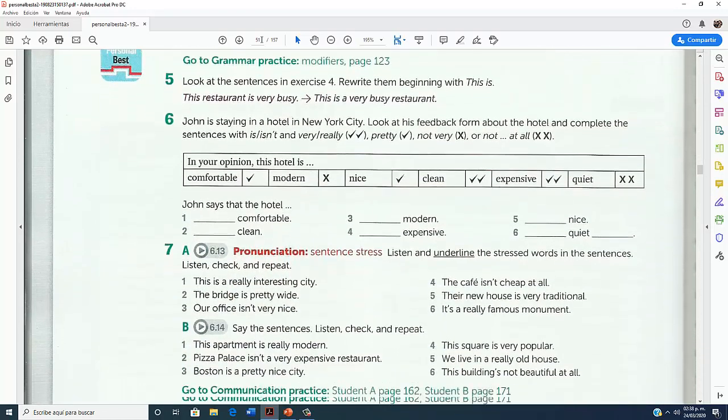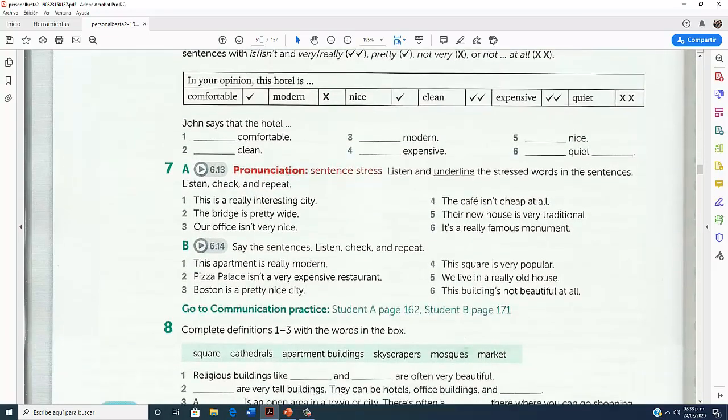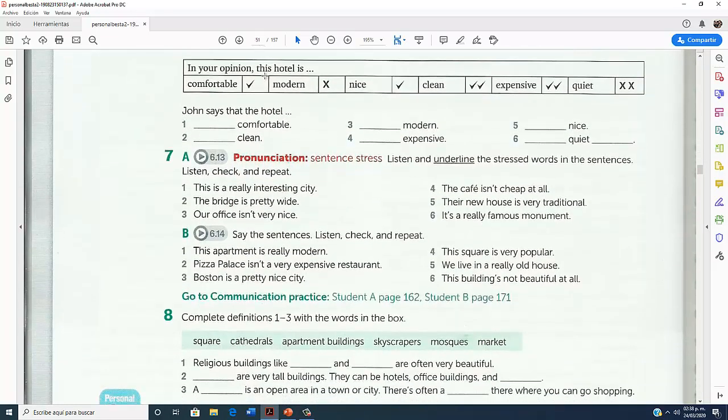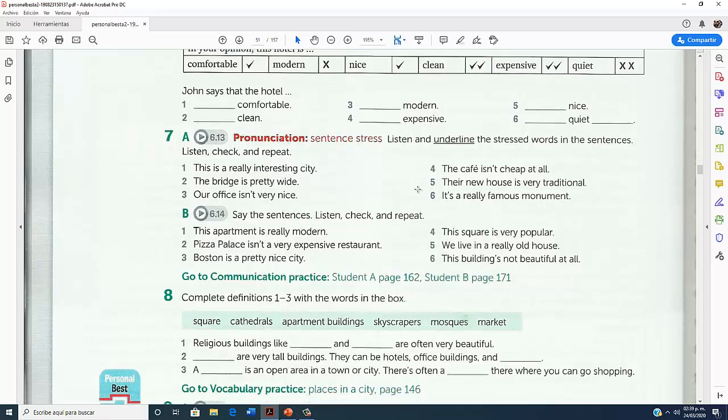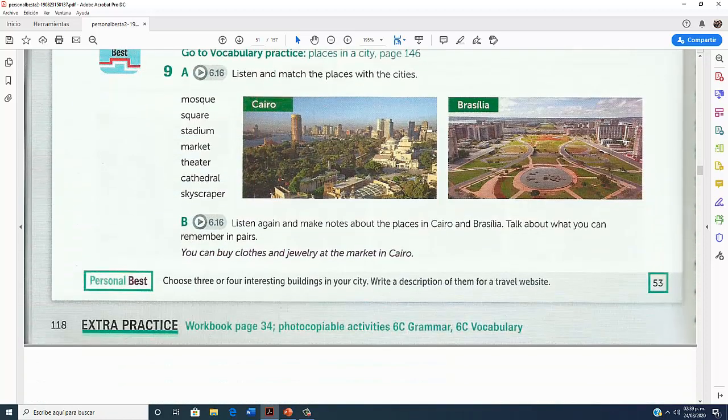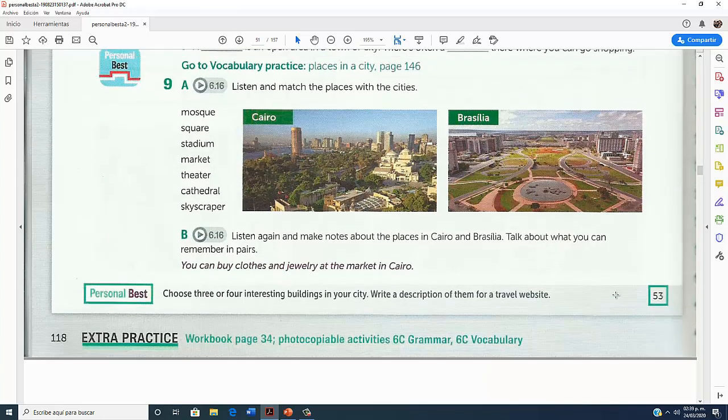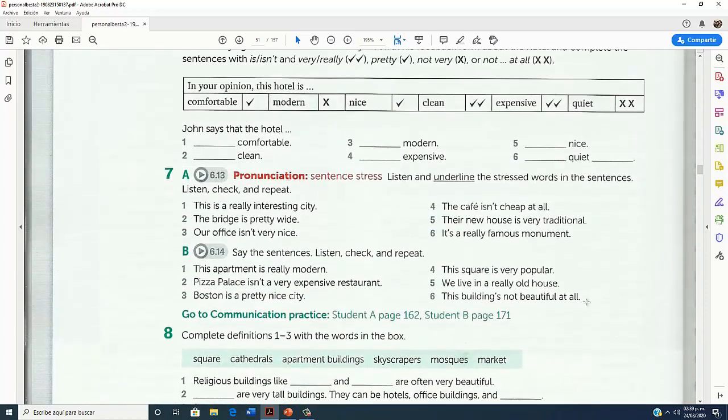Here we have, that's page 59 if you check here. Here, pronunciation sentences, listen and the underlying words stress. Oh no, we don't have the same page here. It's page 53. Here says, pronunciation stress. Listen, check, and repeat. And if it is possible, say the words in your houses.